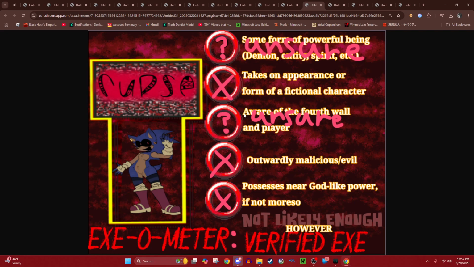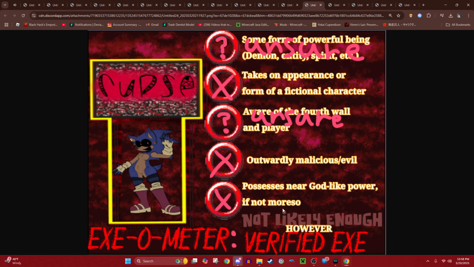I believe he has the potential to be rather strong, but until proven otherwise, I don't believe he possesses near godlike power. So, if we were to ignore the verification, we would have a rating of not likely enough to be an EXE. However, they have been confirmed to be one. They are apparently an EXE.